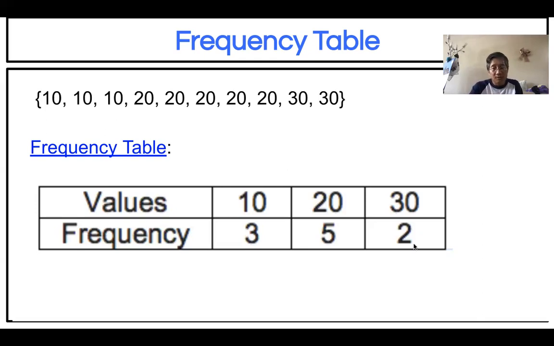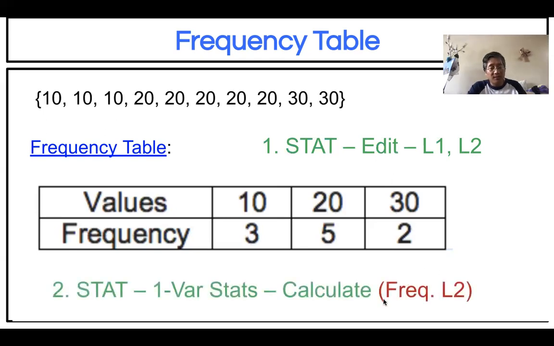In the calculator, we use the stat button, go to edit, and we are going to use L1 and L2 this time. L1 is the values, L2 is the frequency. Easy, right? You don't need to memorize things. Just put the values in L1 and the frequency in L2.